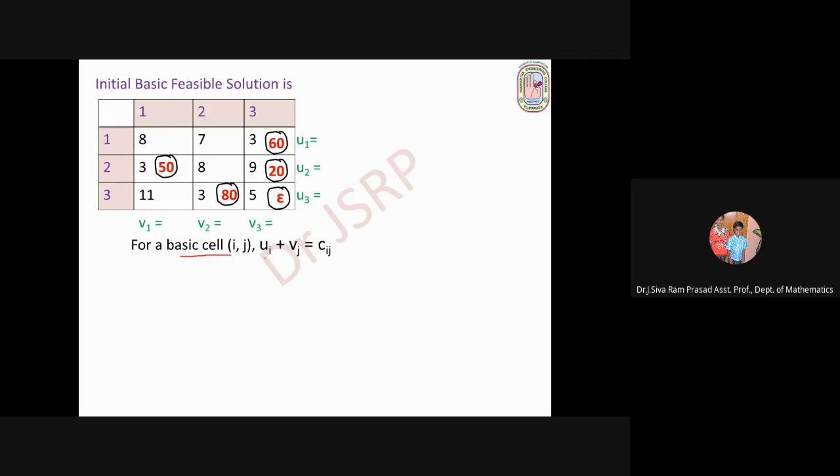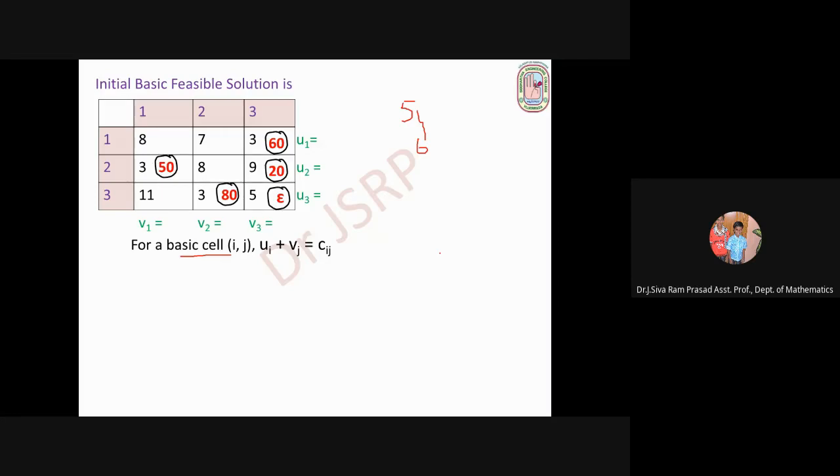Since we have 5 basic cells, we have 5 relations and the unknowns are 6. So the difference is 1, so arbitrarily we can choose one unknown as some constant.